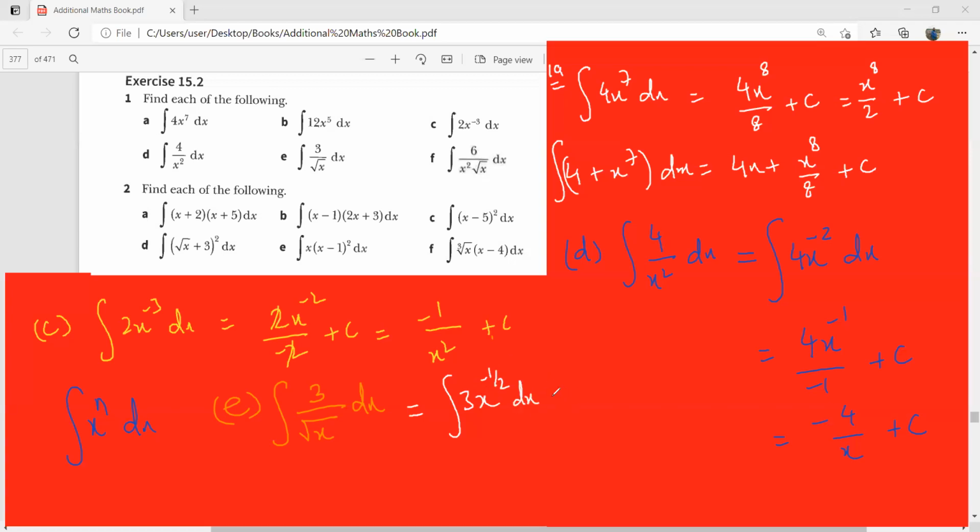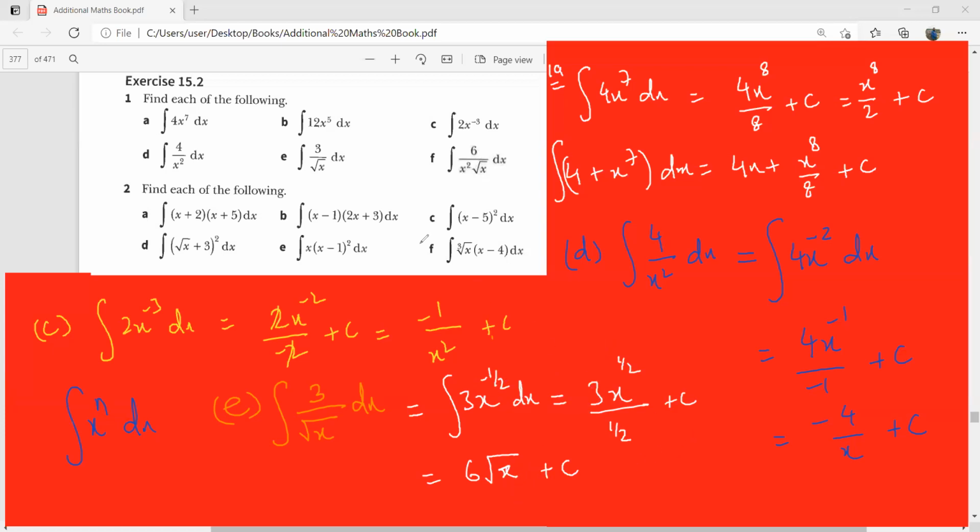And now I can integrate it. This is 3x to the power, now minus half plus 1 is half, and then plus c. And finally, this integral is 6, since 3 over half is 6. And I can write this as under root x, plus c. 6 under root x plus c.